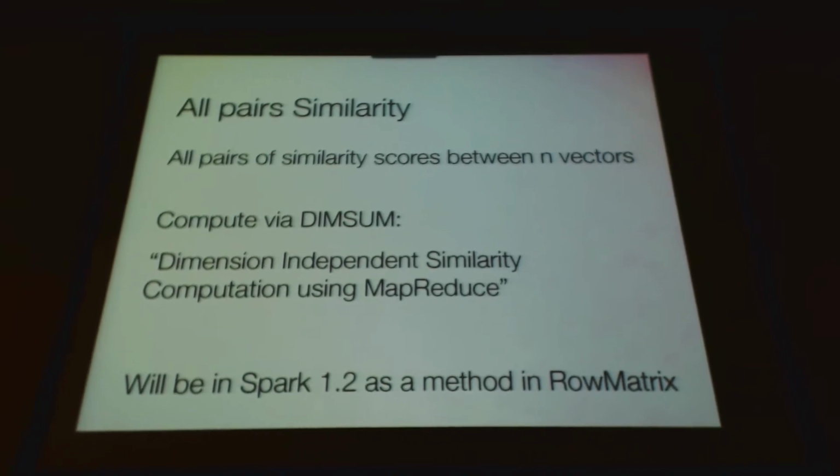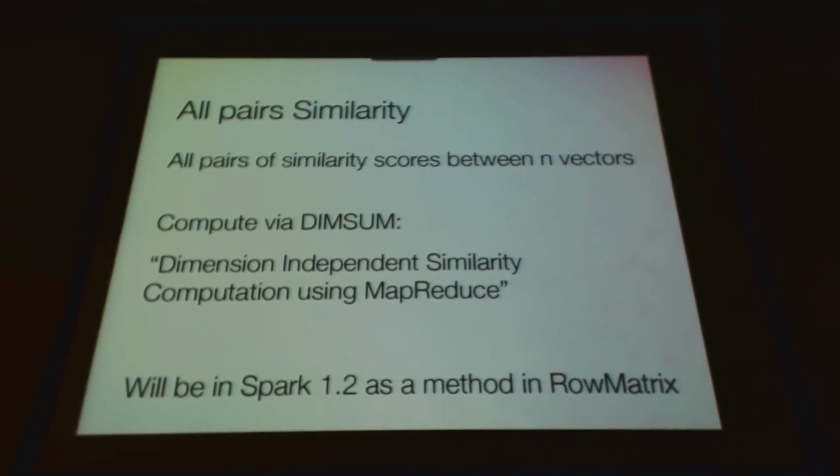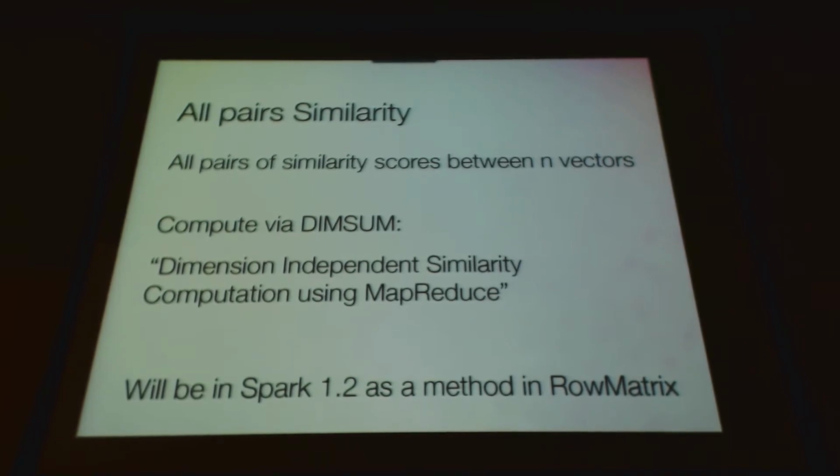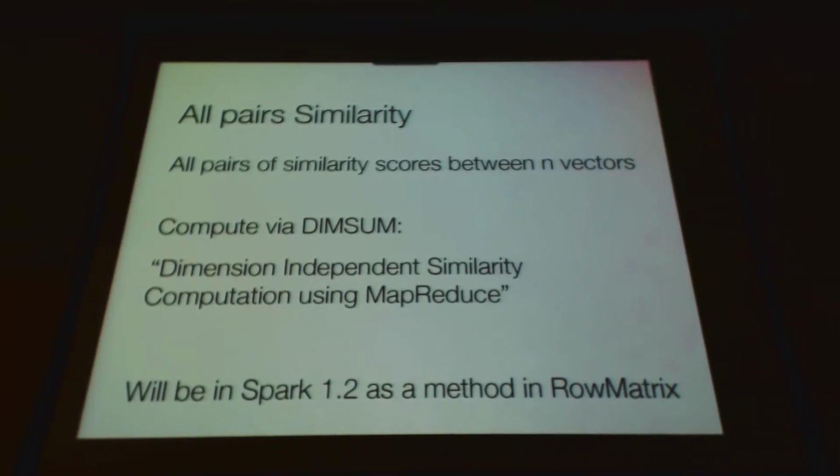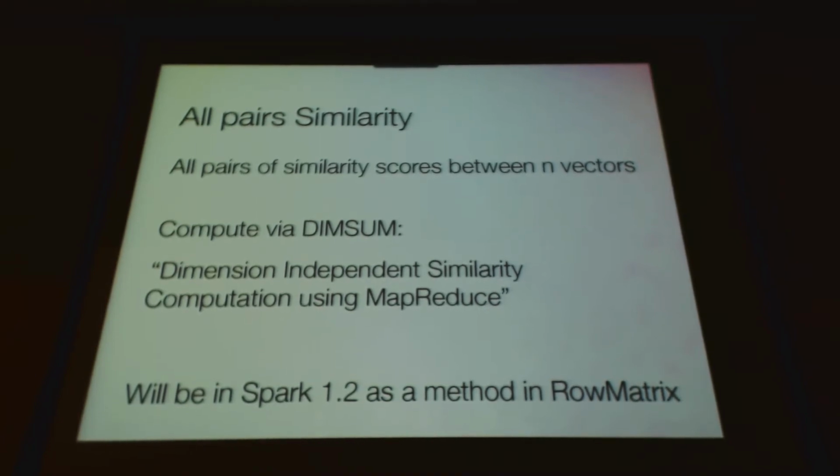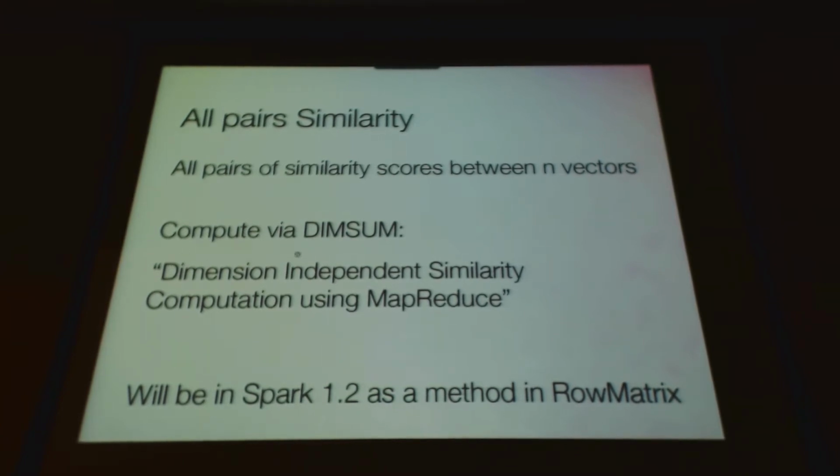What we do here is provide a method in RowMatrix. The same matrix that provides you SVD will also give you a method that returns similar columns by cosine similarity. It does that with an estimation technique called DIMSUM, which is Dimension Independent Matrix Square using MapReduce.